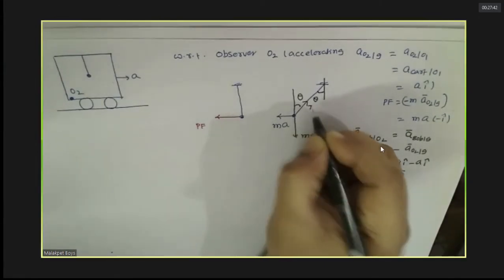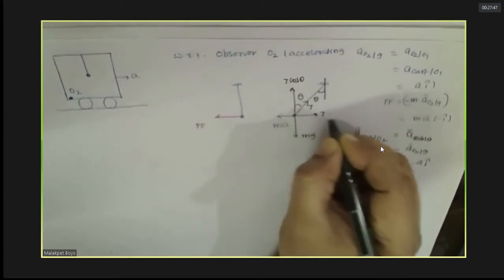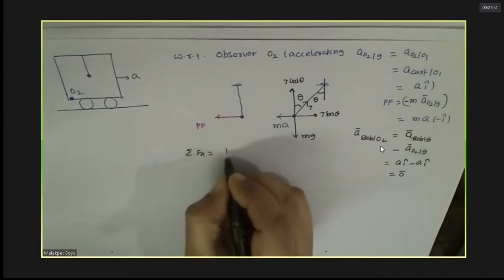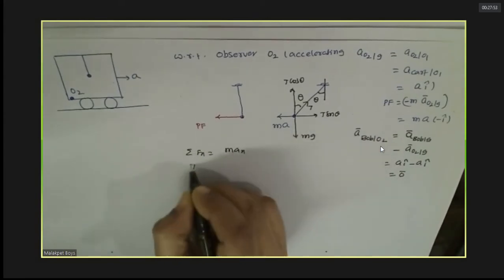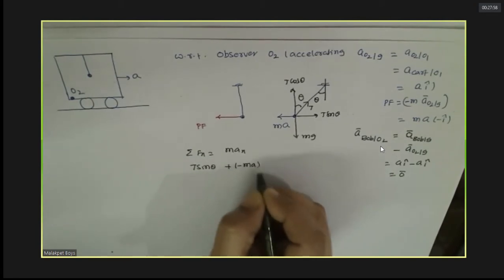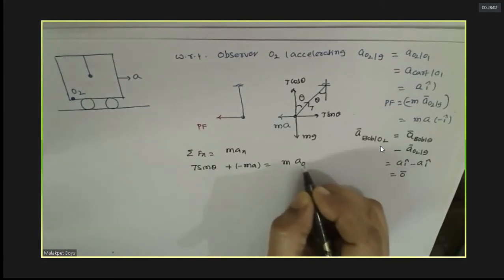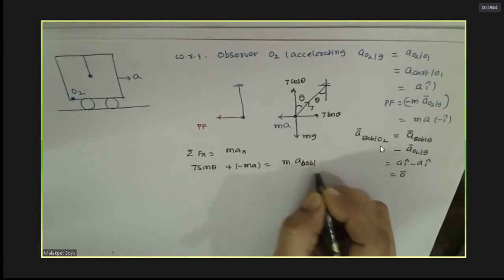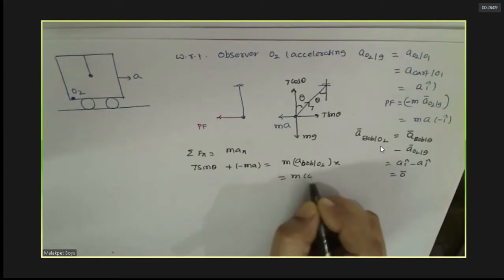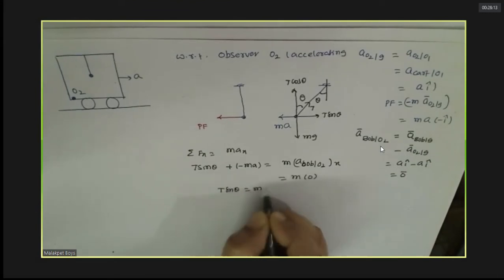So what he says is this is T cos theta, and this is T sin theta. Now he writes the equation F equals ma. So he writes T sin theta minus ma equals mass into the acceleration of Bob with respect to O2 in the x direction, which is 0. Therefore T sin theta equals ma.